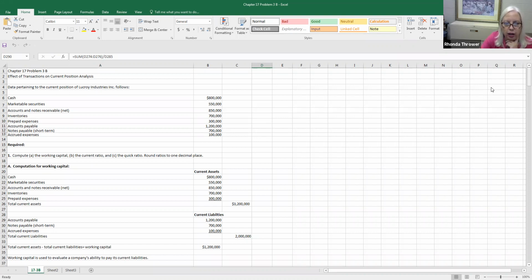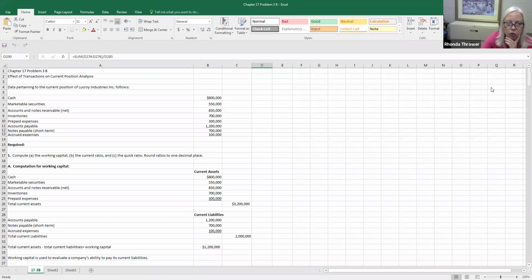On the next transaction, we declared a common stock dividend on common stock at $150,000. Our journal entry would have reduced retained earnings and credited an account called common stock dividend distributable.